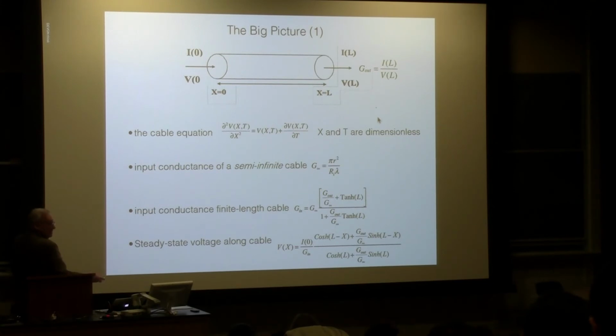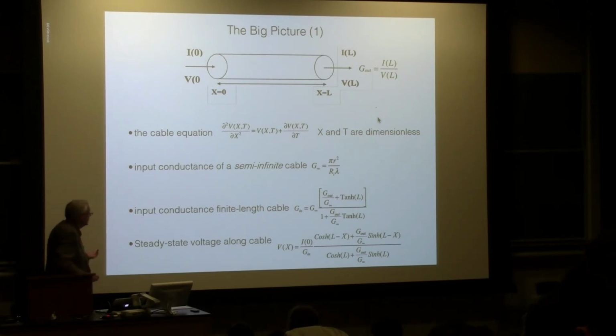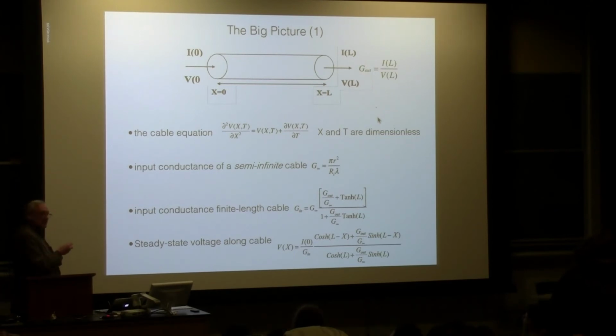I wouldn't be telling you these things if you didn't need to know them. They're important to the Rall theory. And the reason is that if we want to know, at least in the steady state, if we apply a current anywhere along this cable, let's say right here, armed with these things, we can compute the steady state distribution of membrane potential anywhere along that cable, and it's given by this formula here.